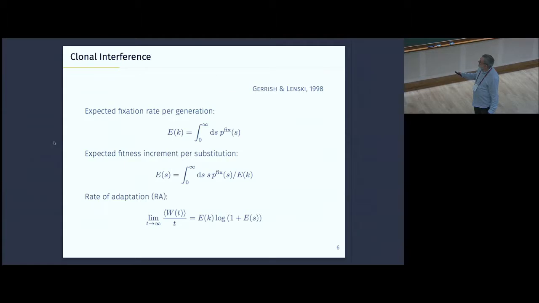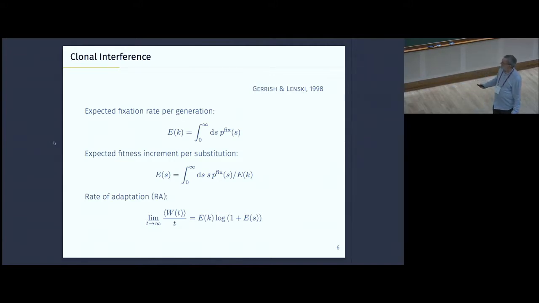So it's given by this total value of the fixation probability, and then if you multiply by s and integrate, you get the total expected fitness increment, and if you divide by the number of substitutions, you have the fitness increment per substitution.